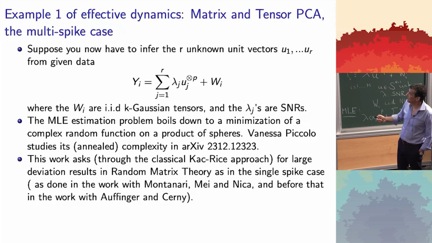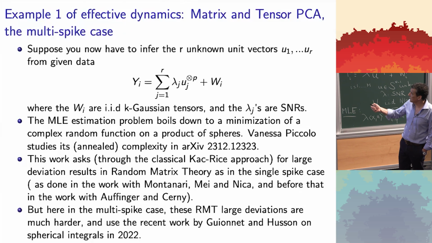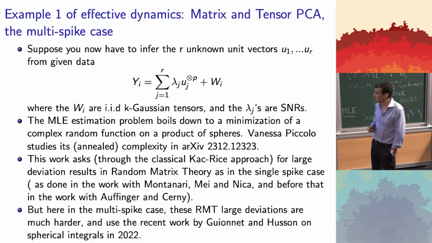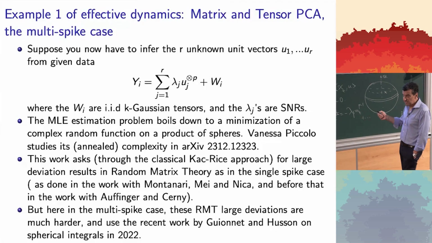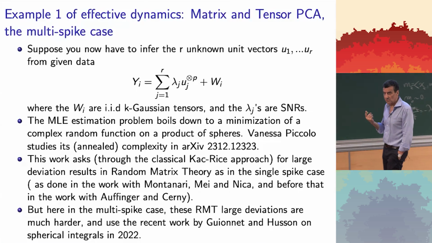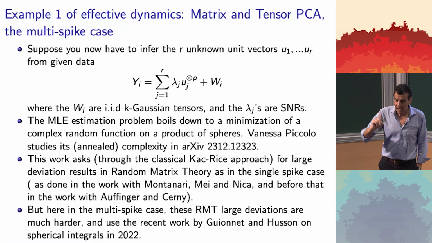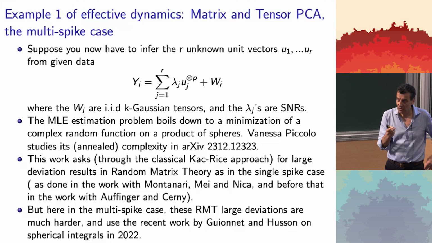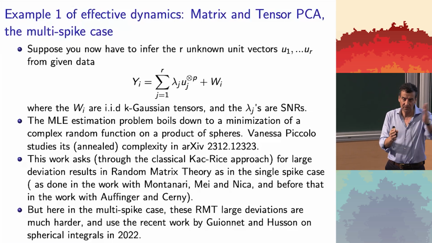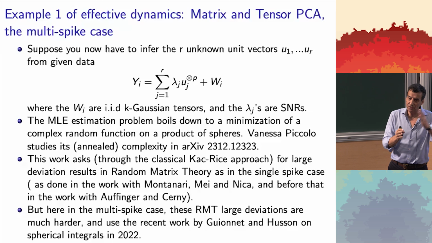This is studied by Vanessa. This work in the multi-spike asks for results which are harder. The basic thing that was needed when you had one spike was a large deviation for the top eigenvalue of a random matrix when it has a signal. So you take a random matrix, you add a rank 1 signal, and you ask for the large deviation of the top eigenvalue.